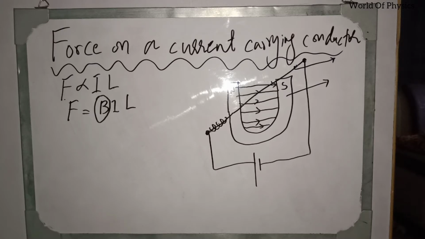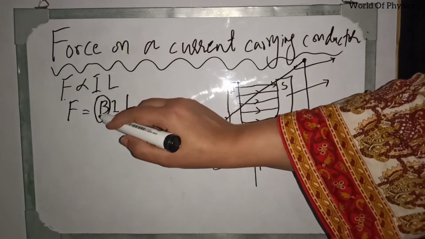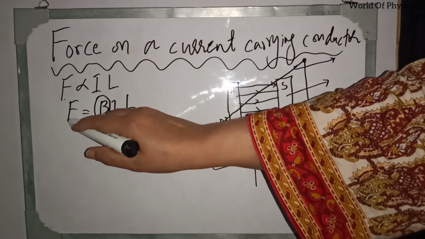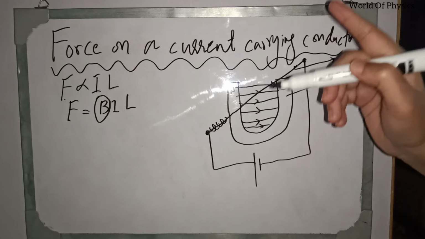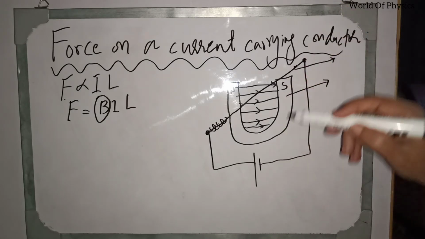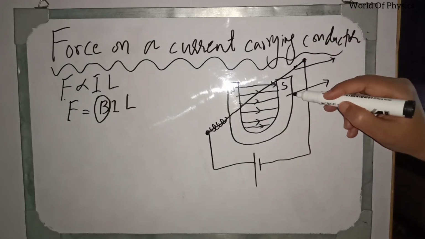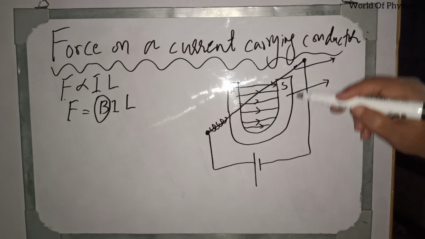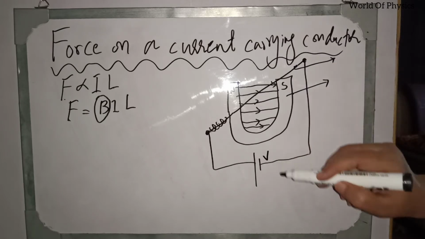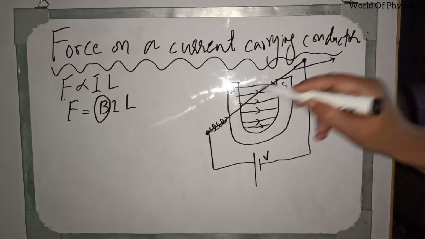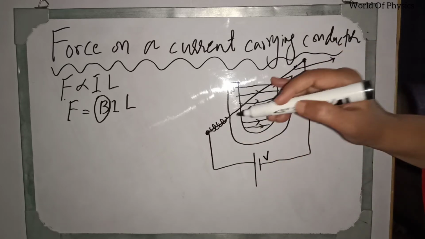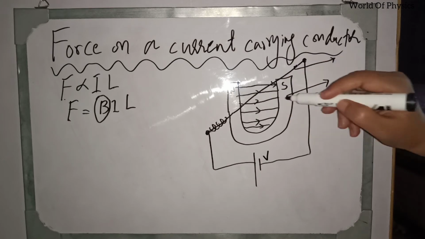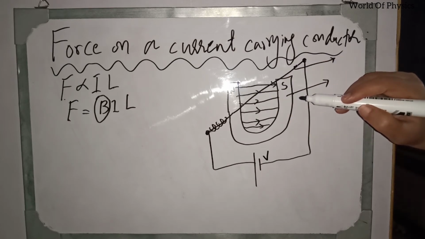As I have told you, this is the mechanical force generated by the interaction of two magnetic fields: the magnetic field of the permanent magnet, and the magnetic field of the wire carrying current, which is provided current by the battery, and which is placed perpendicular to the magnetic field of this permanent magnet.